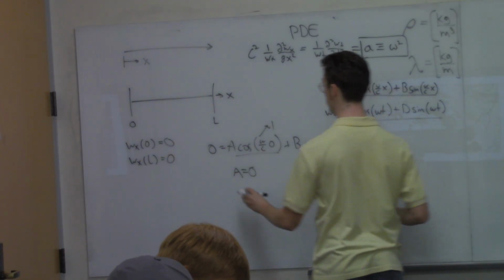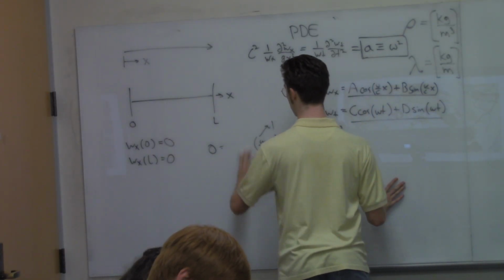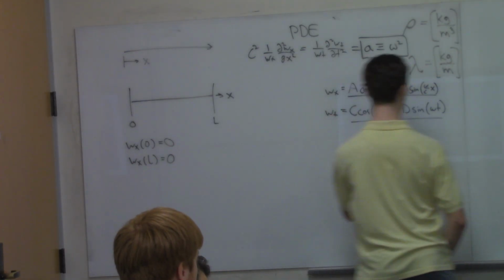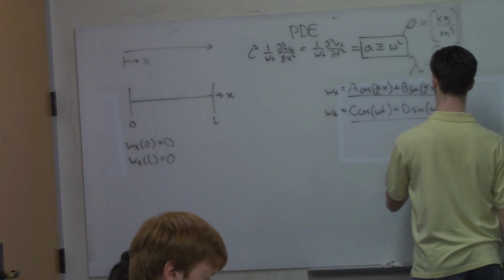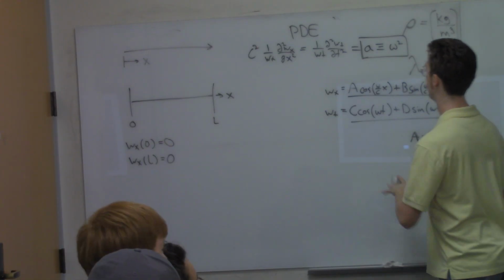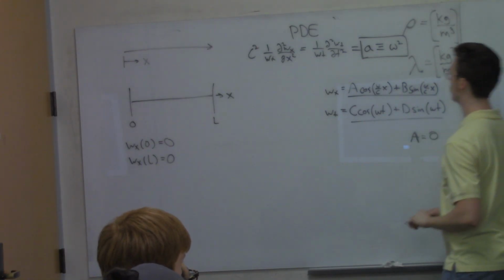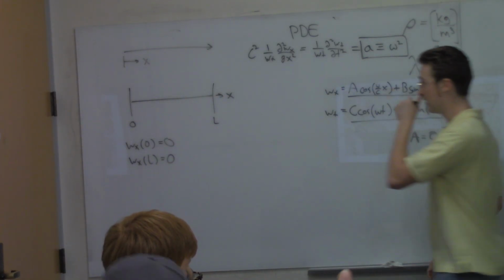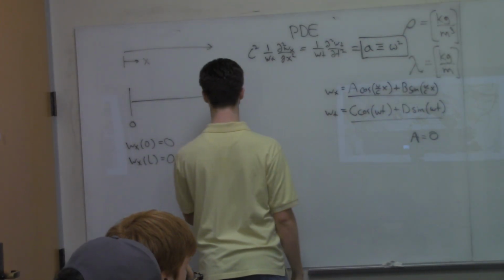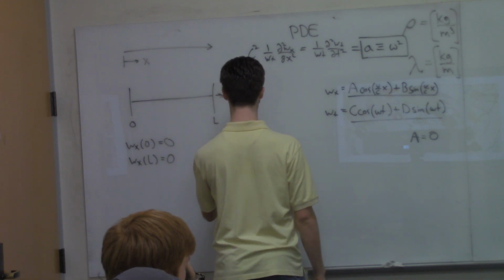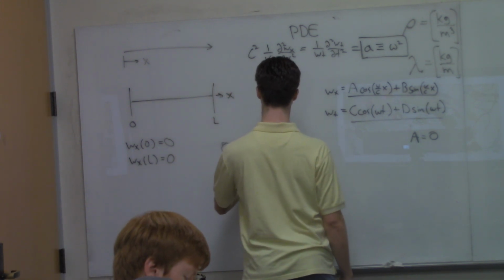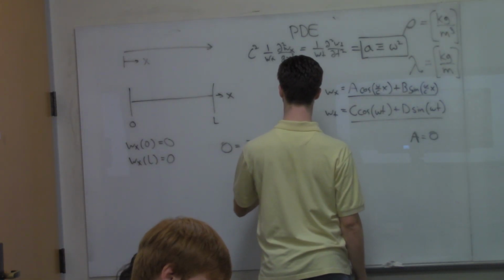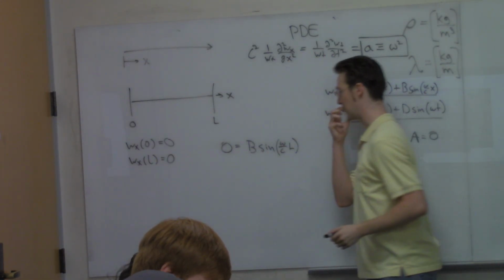So we can eliminate this term because we know that A is equal to 0. Now what's left is B sine of omega divided by C times x. We're going to evaluate L now. So we have 0 is equal to B sine omega divided by C times L.